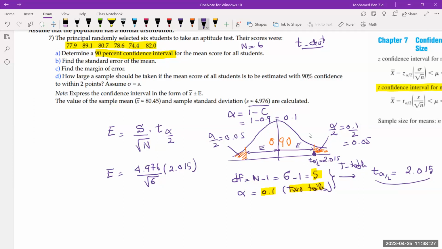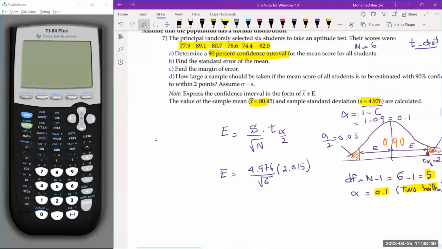Okay, so now I'm going to move to the calculator. I'm going to do two things. First of all, I'm going to show you how to find the S and how to find the X bar. I think you are familiar with it, but let's do it anyway. So we're going to look for these two values first, and then we're going to calculate the error. Let's start. Okay.